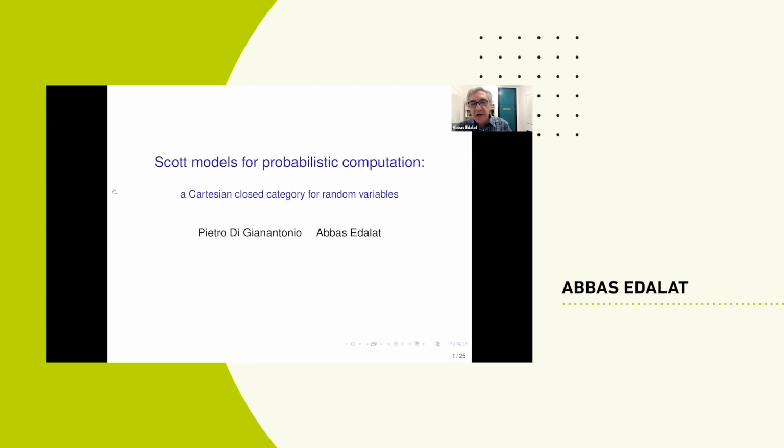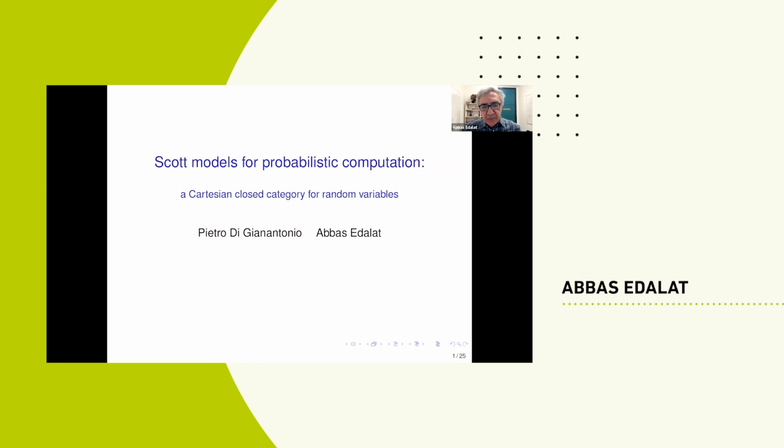Looks good. Okay. Well, thank you to the organizers for inviting me to this seminar series. So I'm going to talk about Scott models for probabilistic computation. It's joint work with Pietro Di Gianantonio from University of Udine.